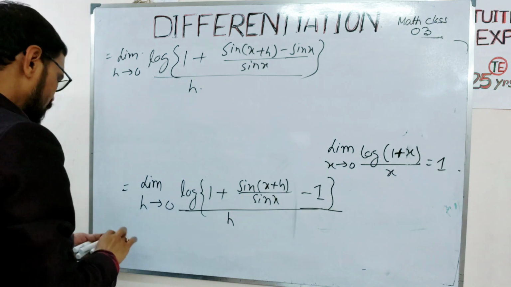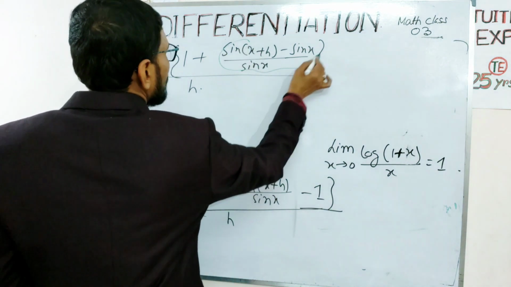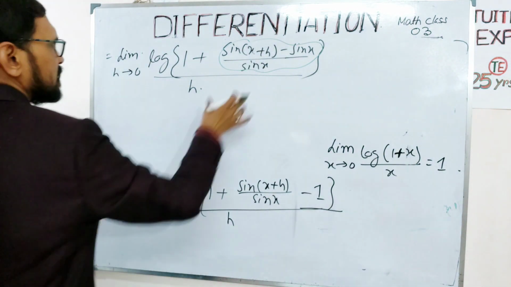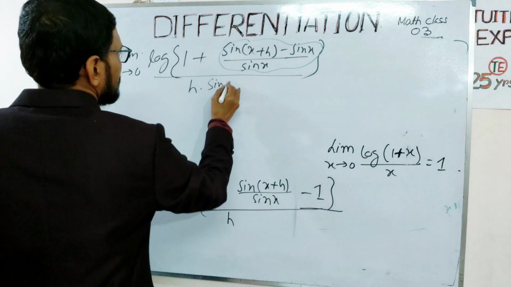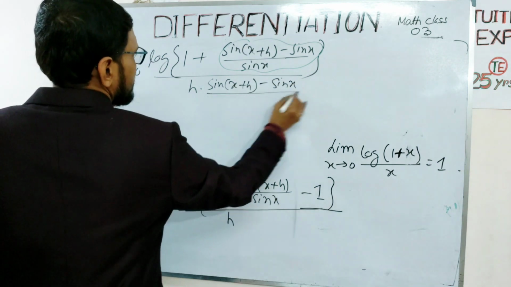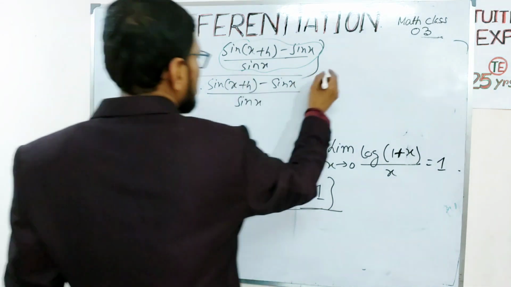Now consider this whole term is x here, so we have to bring this term here by sin x, and this is not present here, so we have to adjust this term.